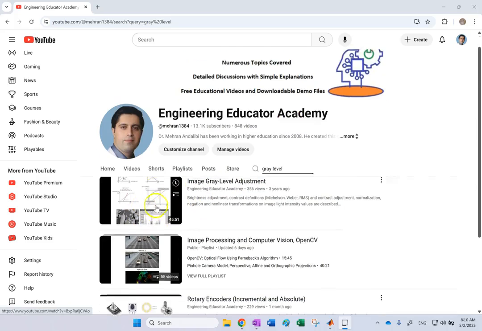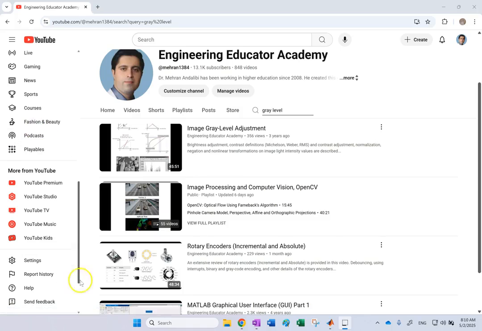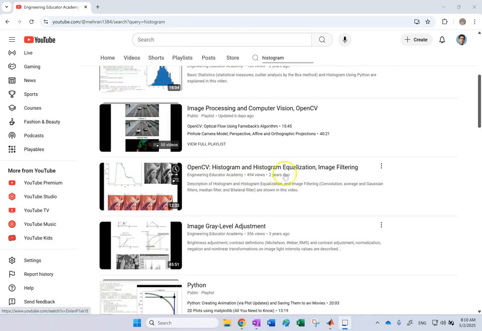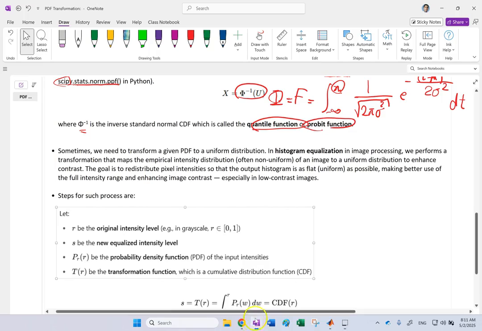I also have a video under the same playlist where I showed how to do histogram equalization in OpenCV. But the theory behind histogram equalization is what I'm about to tell you. If you have any image, it has some histogram of gray level values or intensities, correct?